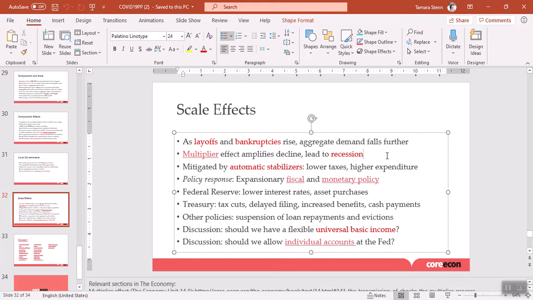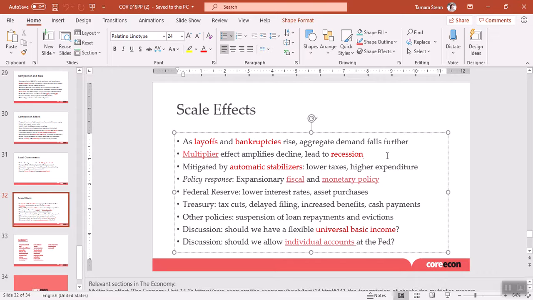And basically, what we're looking at with the multiplier effect is kind of like dominoes, right? When you have your dominoes all stacked up, one falls and then everything starts falling. So think about it. Let's pretend I work for a restaurant and I rent an apartment and I have a kid in school.